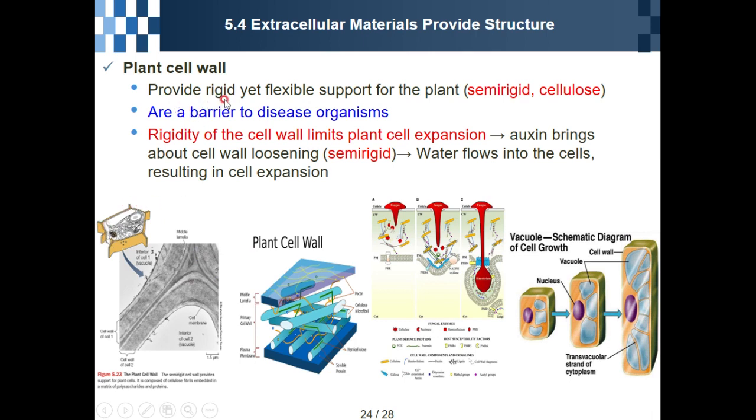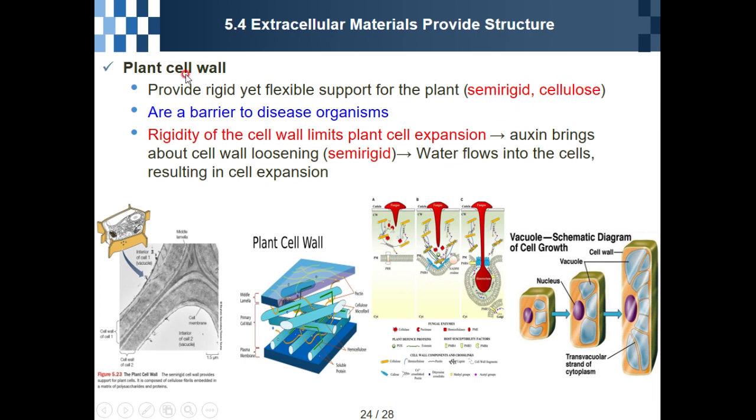It provides rigid yet flexible support for the plant. That's why we call it semi-rigid. The cell wall is mainly composed of cellulose.